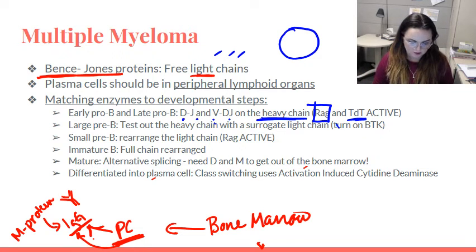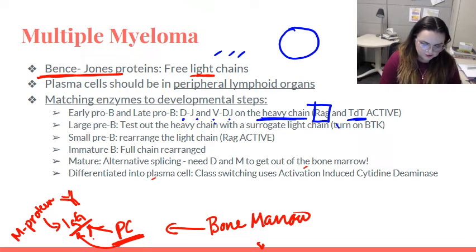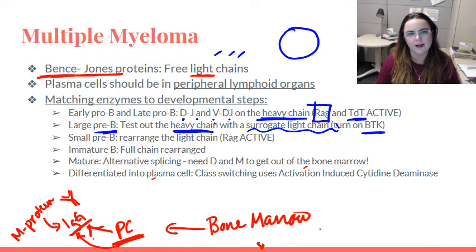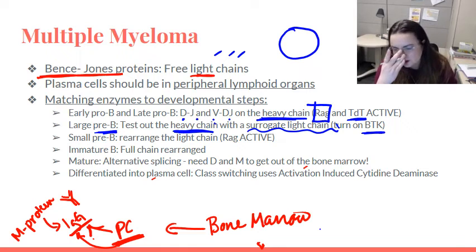The next thing is you've got your large pre-B cell, and this is where we test out that heavy chain with a surrogate light chain. So again, more indication that we shouldn't have these free light chains hanging around, because we make our heavy chain and then we go on to test the light chain. In this case, we're going to turn on that Bruton's tyrosine kinase, which we've talked about in conjunction with the primary immunodeficiency XLA.